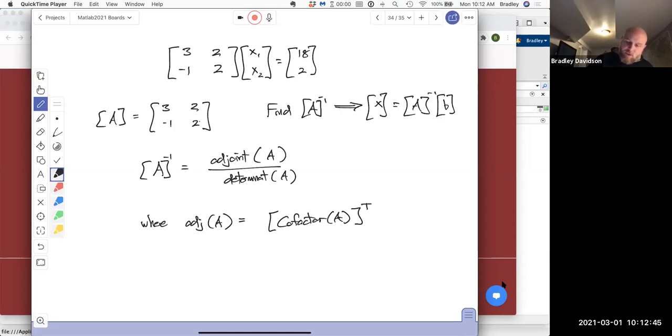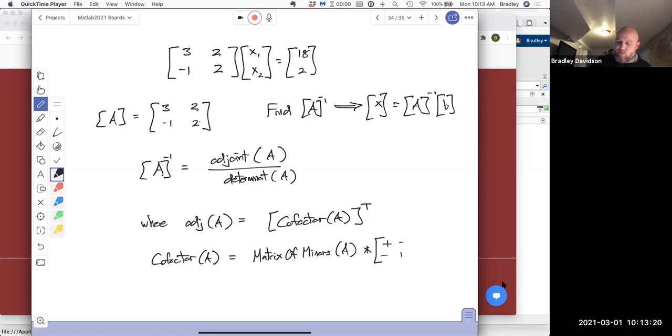So we need to figure out what a cofactor is. A cofactor of A is where we get what's called the matrix of minors of A, and then we multiply this, element-wise, by a checkerboard of pluses and minuses.